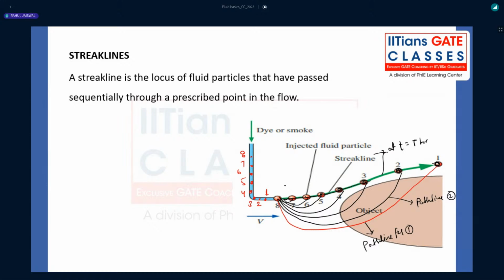So altogether, I want to conclude that a streak line is the locus of all the particles that have passed sequentially through a prescribed point in the flow field, right?